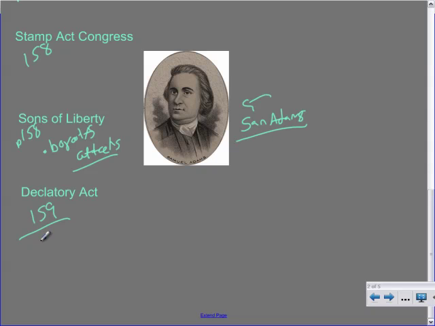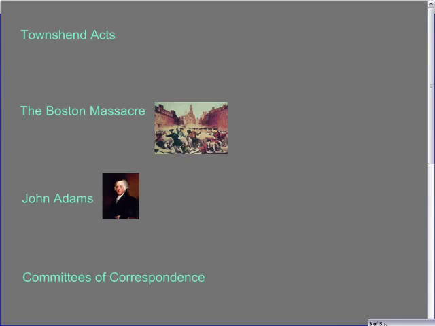So from here, we're going to move on to the next stuff with the Townshend Acts and the Boston Massacre. So Parliament gets rid of the Stamp Act in response to the boycotts and the Sons of Liberty doing all this kind of stuff. But the problem is they put in the Declaratory Act and say, oh, we're going to put our foot down, but it doesn't create any new taxes, and they still need a lot of money.